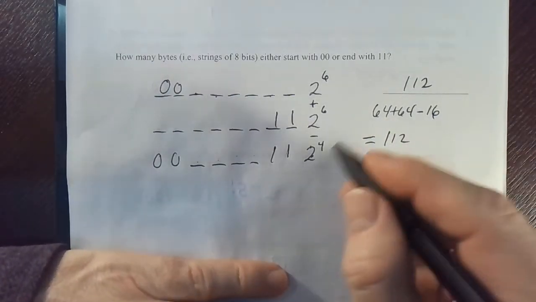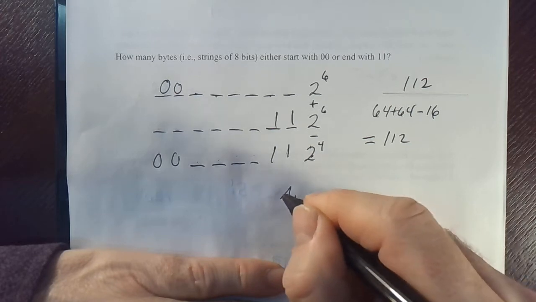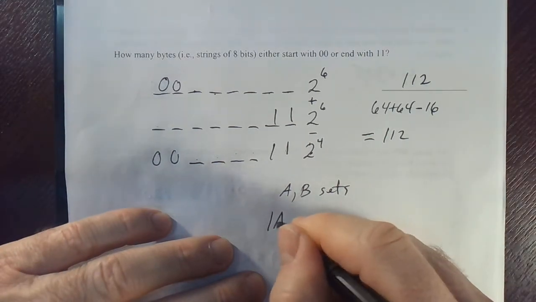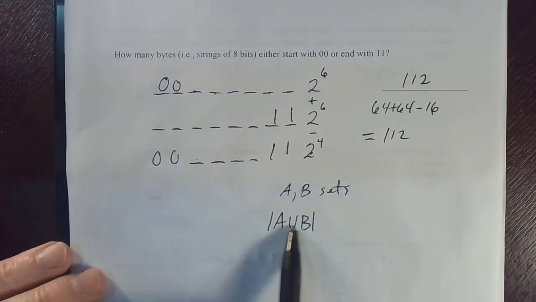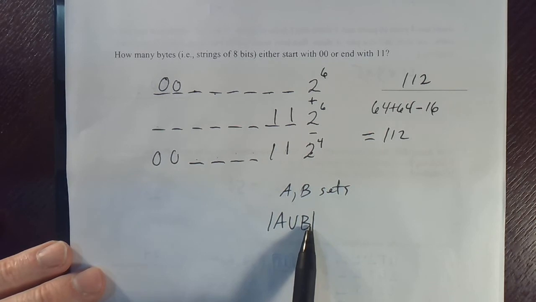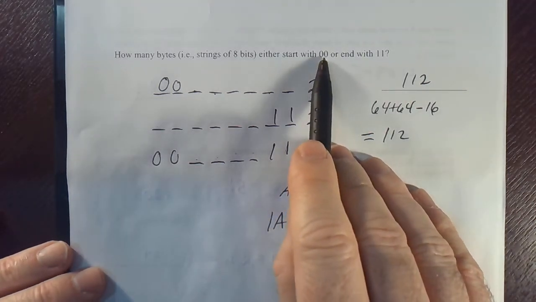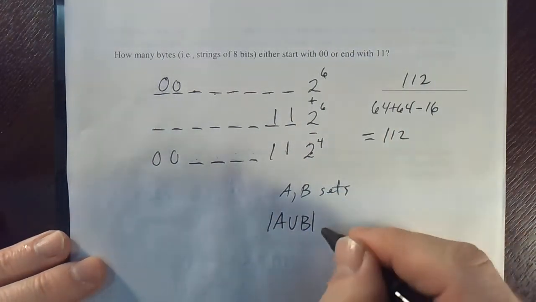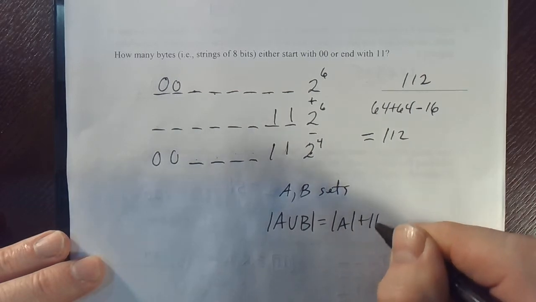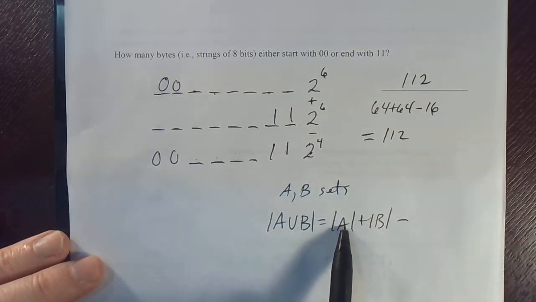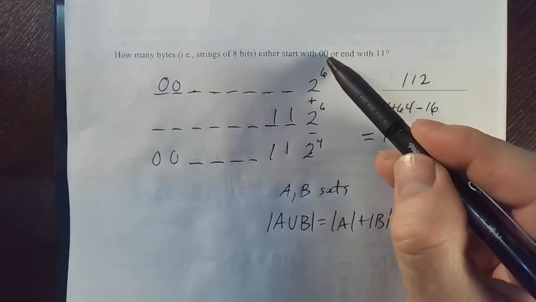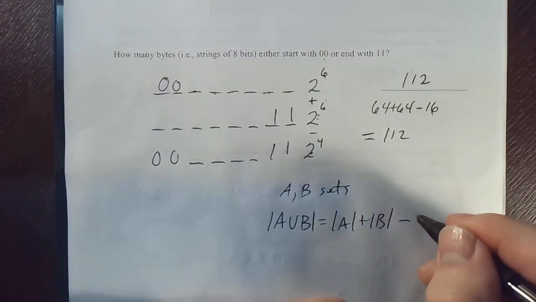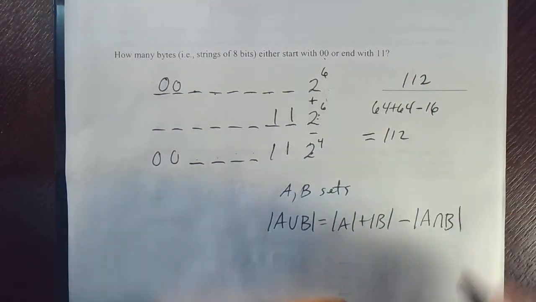It says that if A and B are sets, then the number of elements in A union B, which means the number of elements in A or B, like the number of elements that start with 0, 0 or end with 1, 1, is equal to the number of elements in A plus the number of elements in B, which for us is the number of bytes that start with 0, 0 plus the number of bytes that end with 1, 1, and then subtract the number in their intersection.